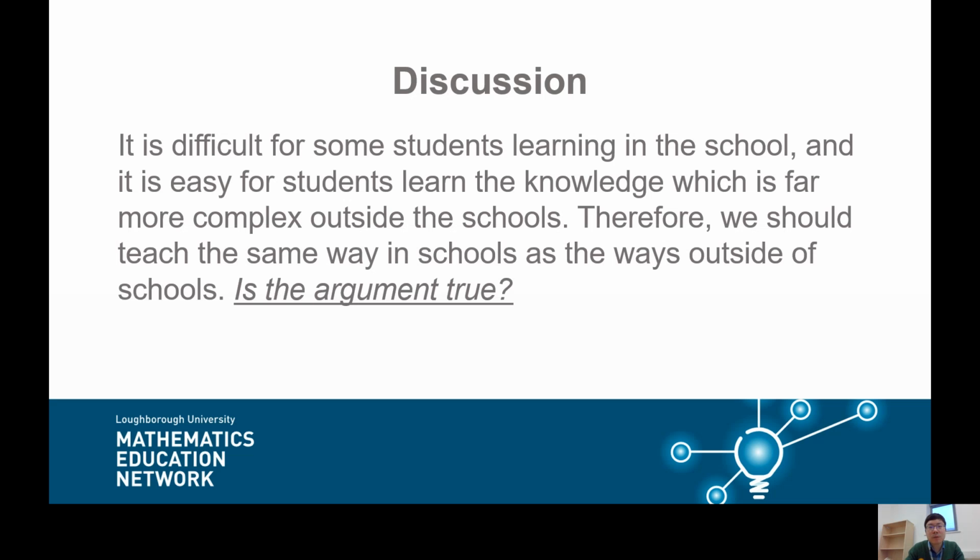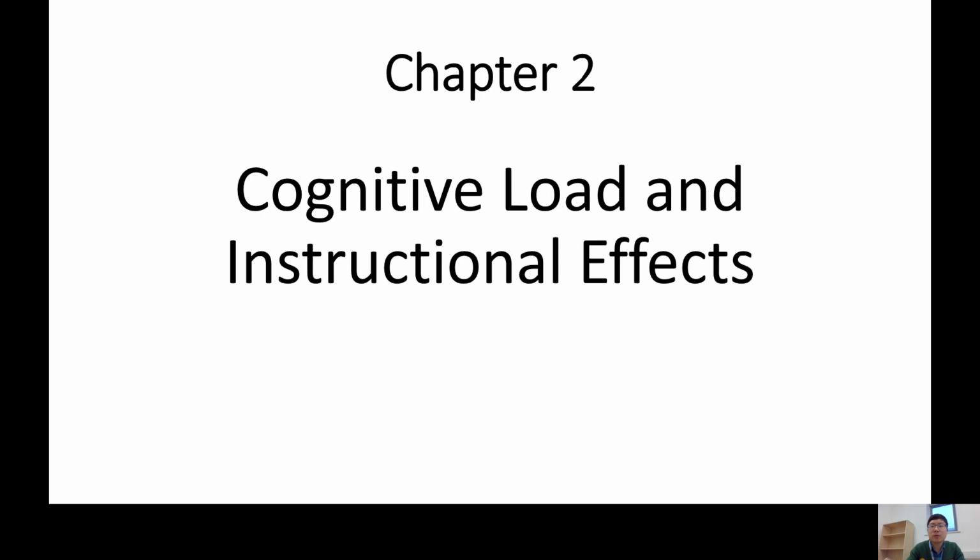So this is the end of chapter 1, and now we are going to move to chapter 2. In chapter 2, firstly, I'm going to introduce some instructional effects and also types of cognitive load.